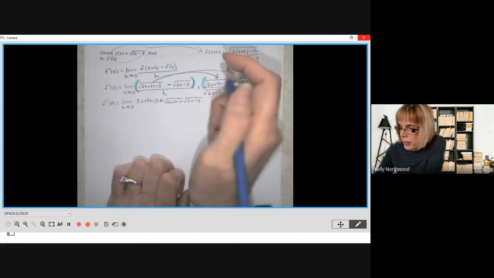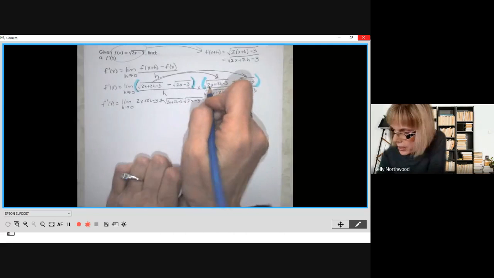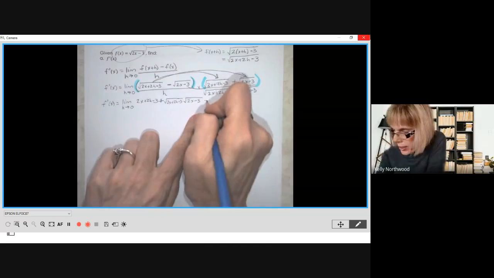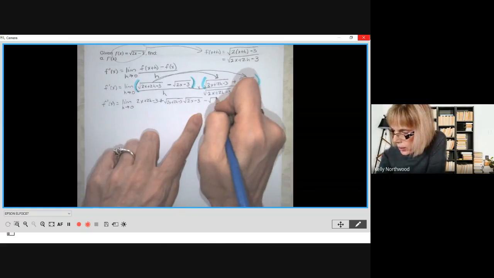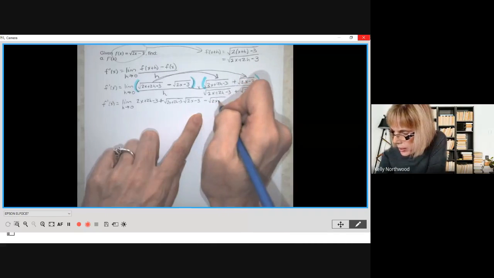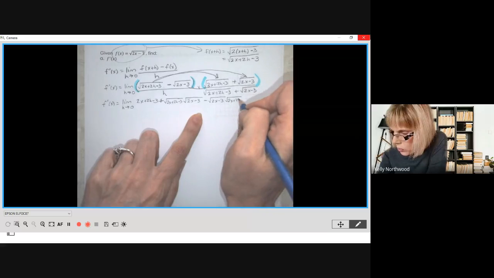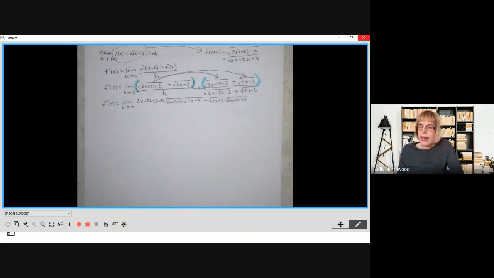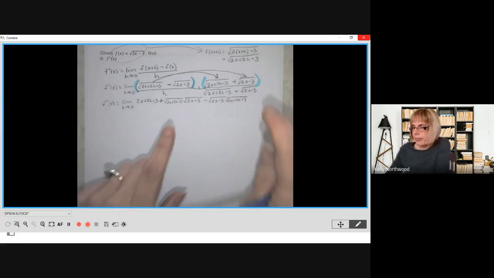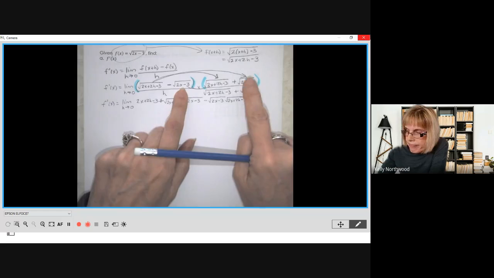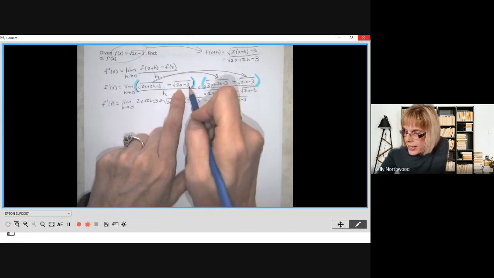My third multiplication is these inners multiplied together. So it's going to be minus root of 2x minus 3 times root of 2x plus 2h minus 3. And then the most important multiplication here, the one that you have to really think about, is when we multiply these two lasts together.